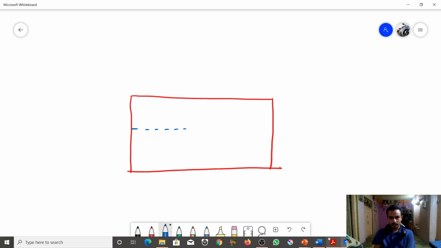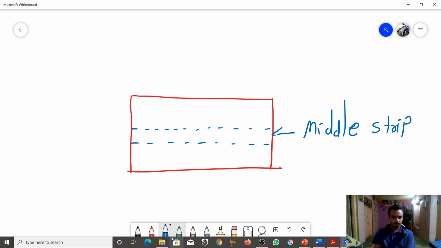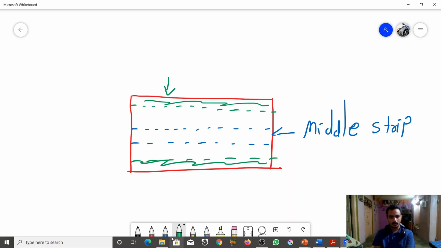At the middle, we assume a 1 meter strip. So this is called the middle strip. And from the edges, this is called the edge strip. Both sides.